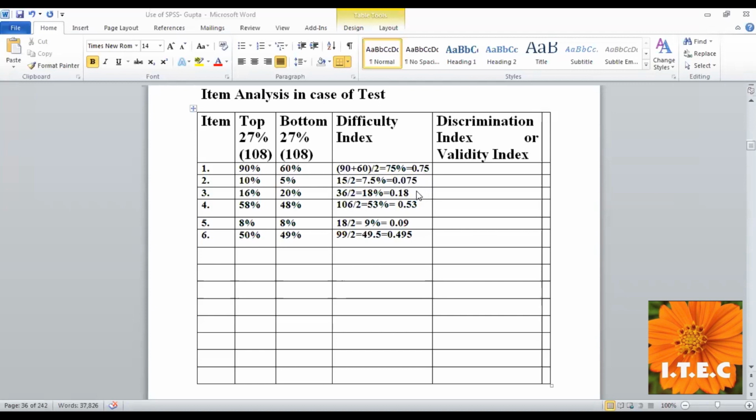The third item is also difficult. The fourth item, 0.53, is average difficulty. The fifth item is difficult. And the sixth item is average difficulty. So you can find out which item is difficult and which item is easy. So this is how you have to find out the difficulty level.